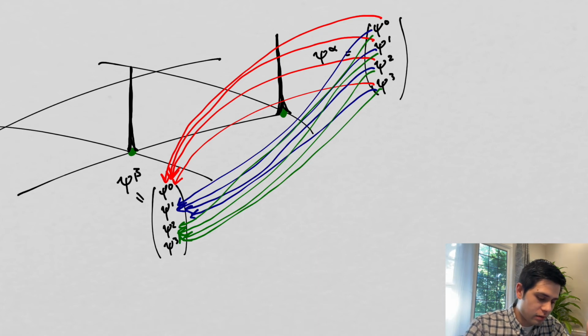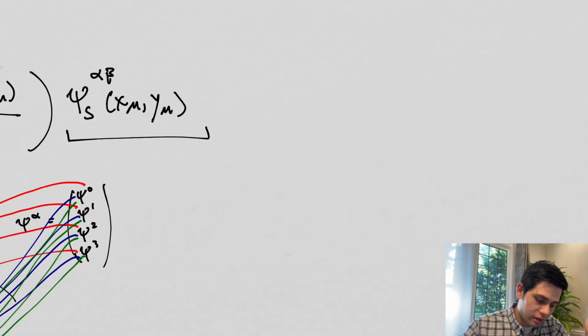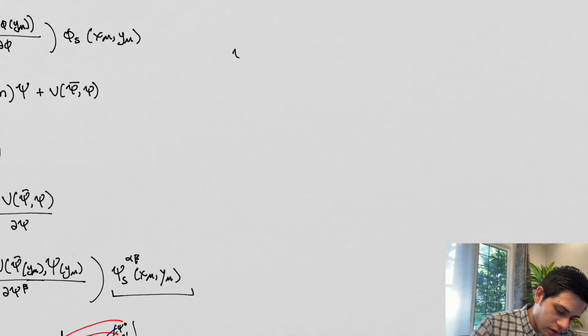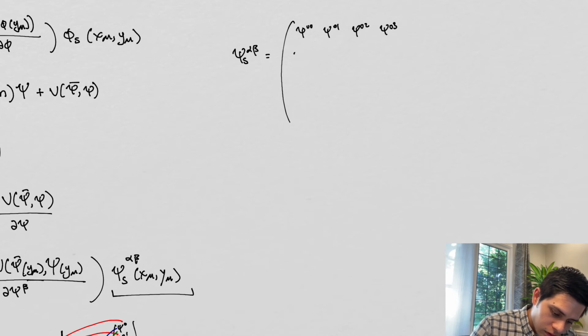And I think we looked at this a little bit earlier, but our special function looks like this. 1, 0, 2, 0, 3, 0, and so forth.